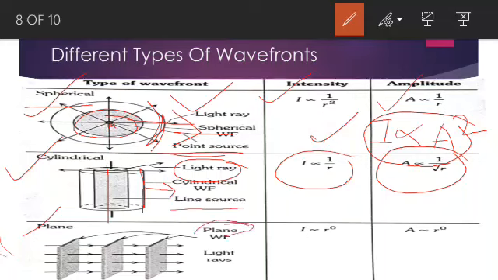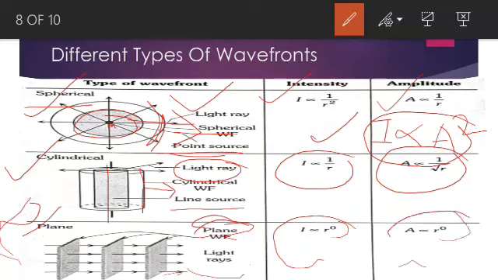So this light is coming from infinity, and this is the plane wavefront, and this arrow shows the light rays. In the case of plane wavefront, the intensity is independent of the distance, so I is proportional to r to the power 0, and amplitude is also proportional to r to the power 0.